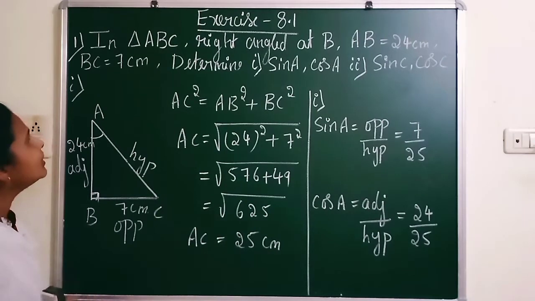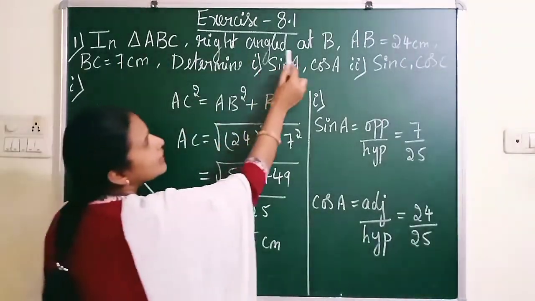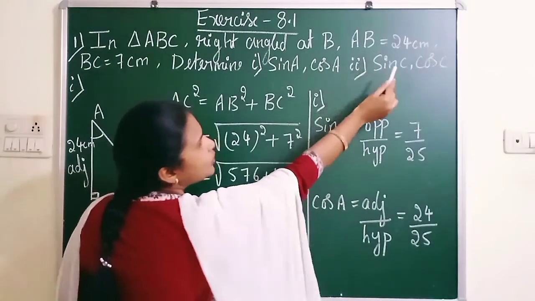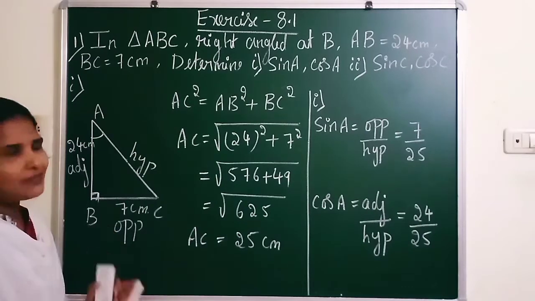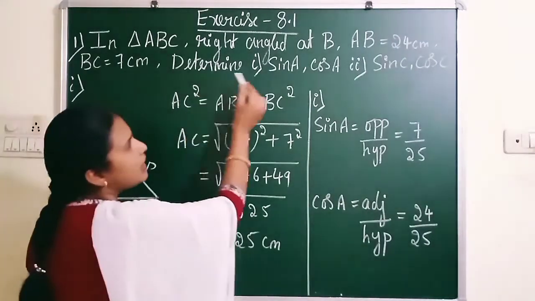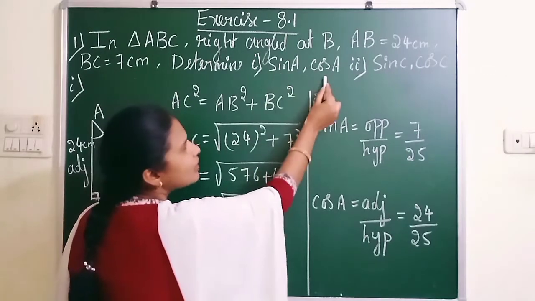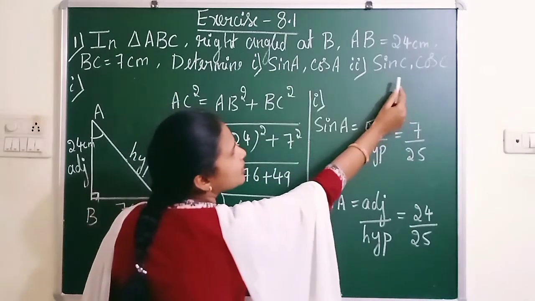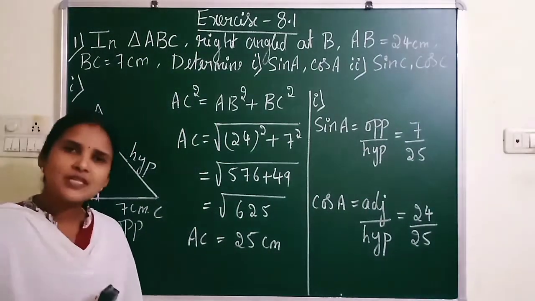What he has given here: in triangle ABC, right angled at B, AB equal to 24 centimeter, BC equal to 7 centimeter. This is given, and he is asking to determine, there are 2 sub questions. The first one is find sin A, cos A, and the second sub question, find sin C, cos C. First let us concentrate on the first sub question.